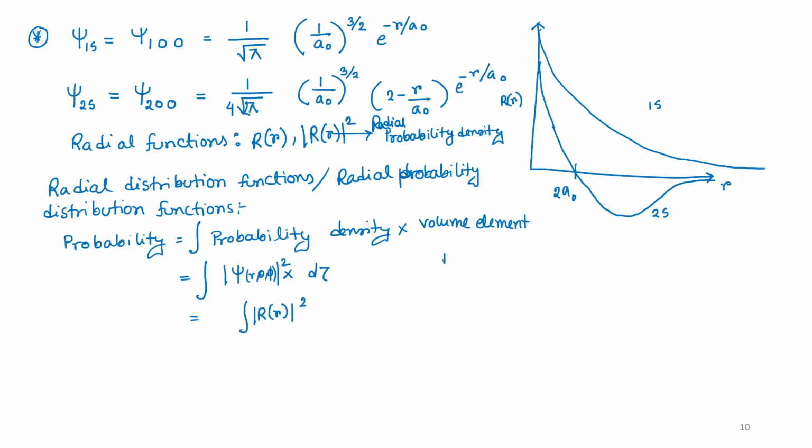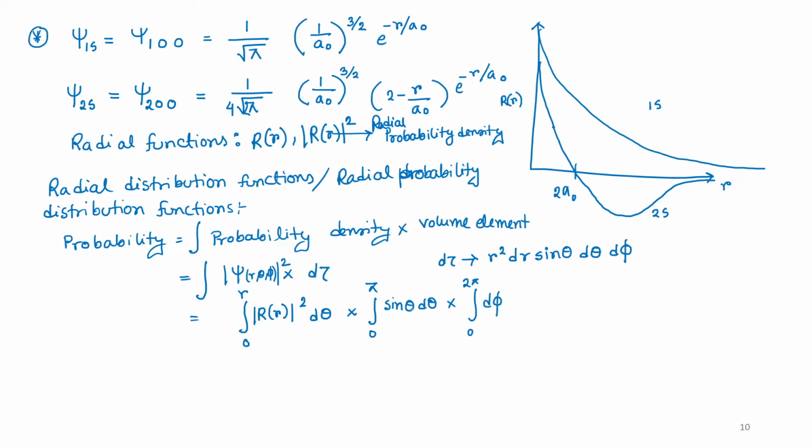Your d tau is actually the volume element in spherical coordinates, r squared dr sine theta d theta d phi. So it is like this: 0 to r, multiplied by 0 to pi sine theta d theta, multiplied by 0 to 2 pi d phi.